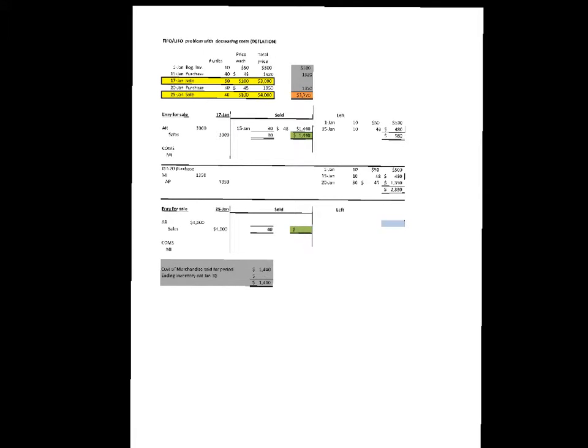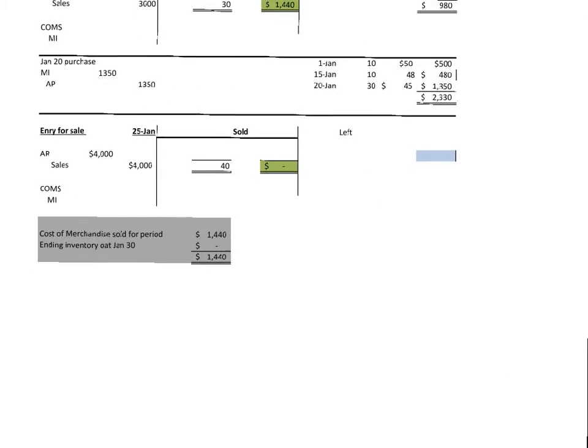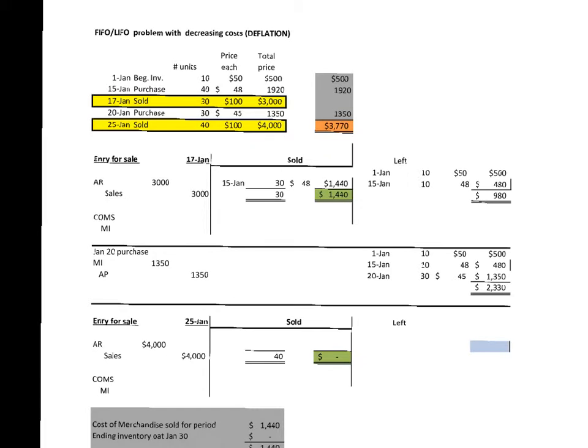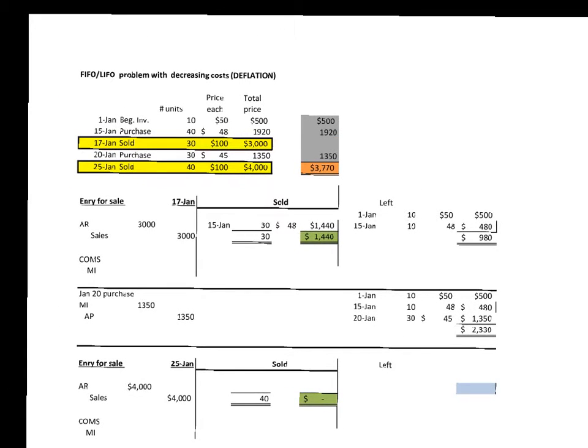Now we're moving on to LIFO step 2. The only really important thing I can say about LIFO step 2 is to keep your order correct. Notice up here, I had my $50 ones first, my $48 ones second, and my $45 ones third. That order is critical so you don't end up out of order when you sell.